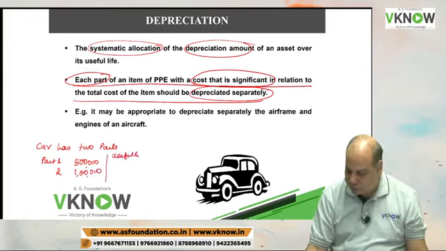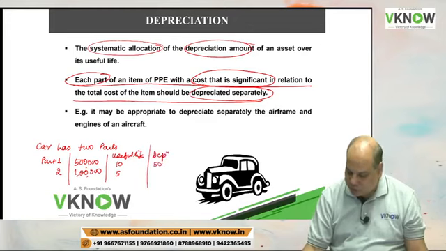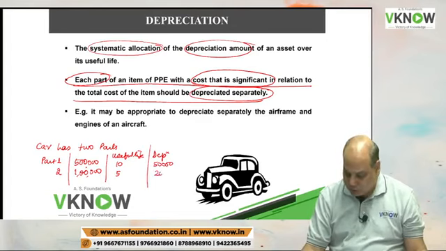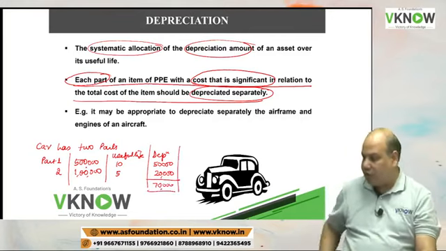Useful life is 10 years and 5 years. So depreciation will be 50,000 rupees here and 20,000 here, 1 lakh divided by 5. So depreciation per annum will be 70,000 rupees.